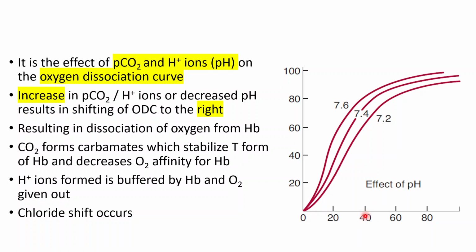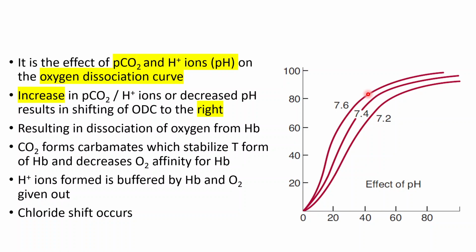Now if you see over here, when the pH was 7.6, approximately 80% of hemoglobin is saturated with oxygen.